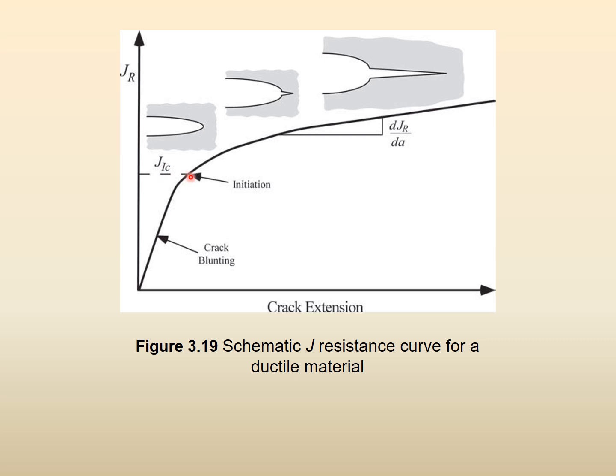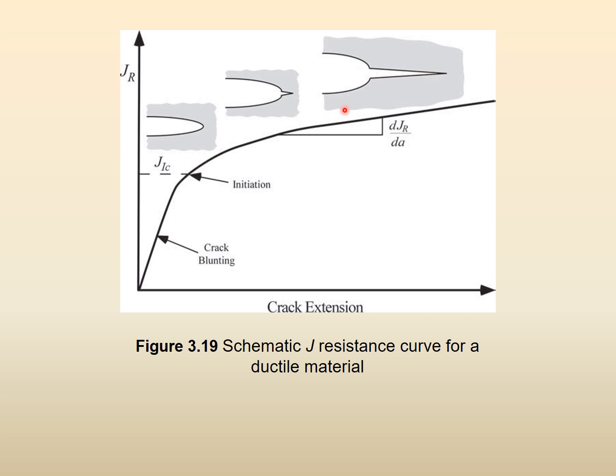So crack initiation starts, and then J rises further, right? So there is this larger crack and then a small crack initiation, and then a coalescence. This small crack grows, this larger crack grows, and they join together. So this crack now is extending.